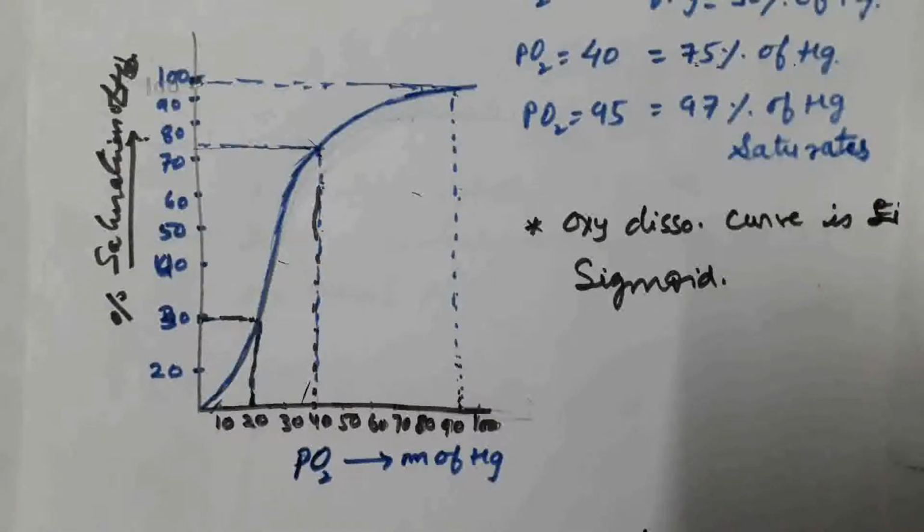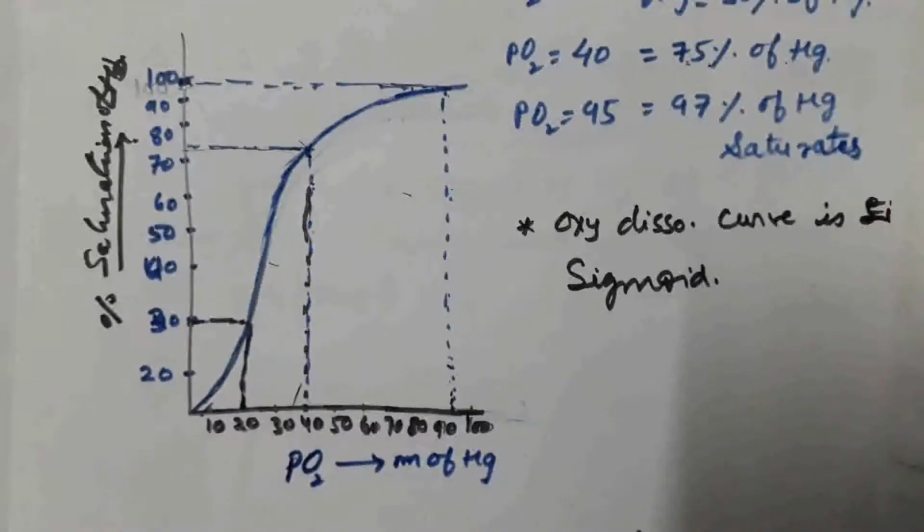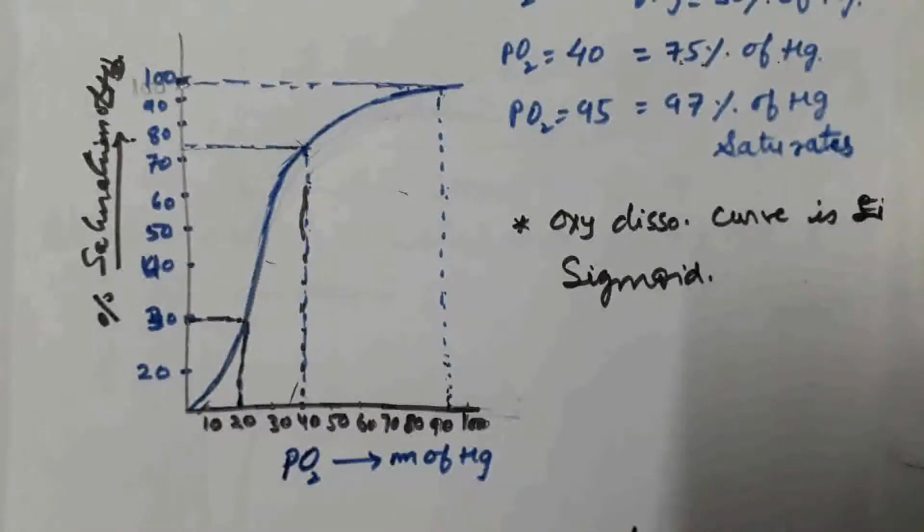The second factor which affects the oxygen dissociation curve is temperature. In the same way as we discussed in the case of partial pressure of CO2, as the temperature increases, the oxygen dissociation curve bends towards the right. It means with an increase in temperature, the oxyhemoglobin complex further dissociates and the percent saturation of hemoglobin further decreases. The third factor affecting the oxygen dissociation curve is the pH.